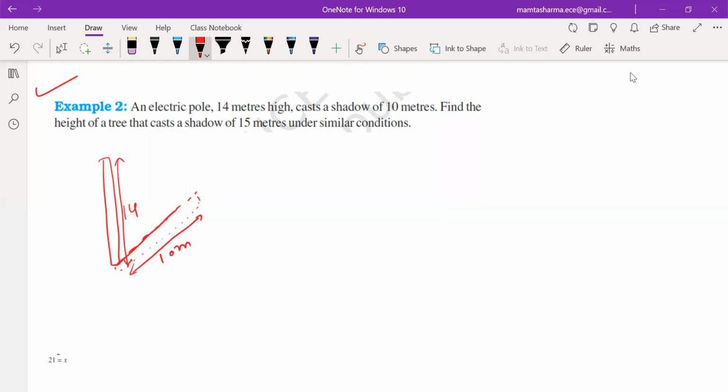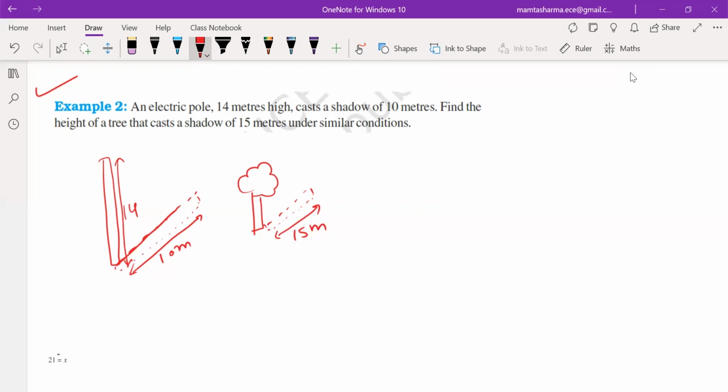Find the height of the tree that casts a shadow. Similarly, beside this pole, there is a tree, and the tree casts a shadow of 15 meter length. So find out the height of the tree.